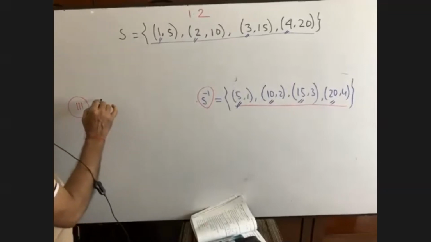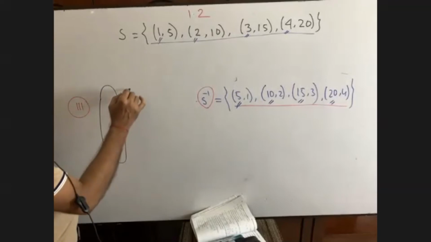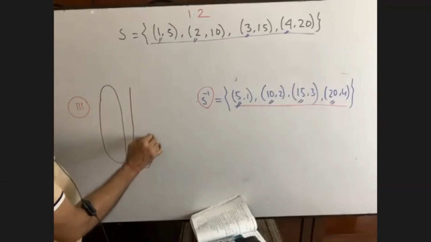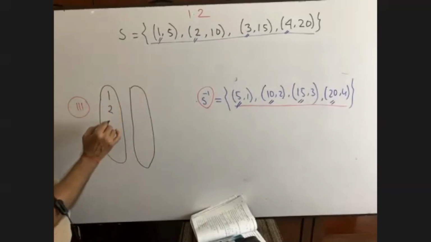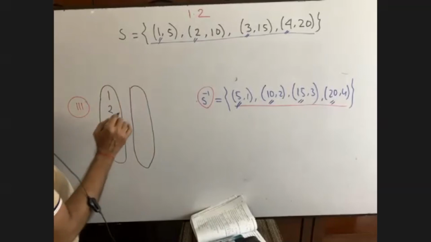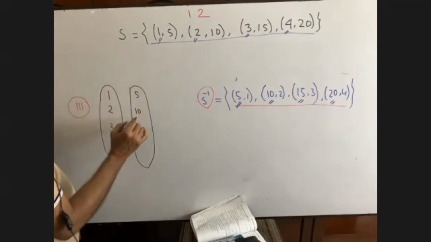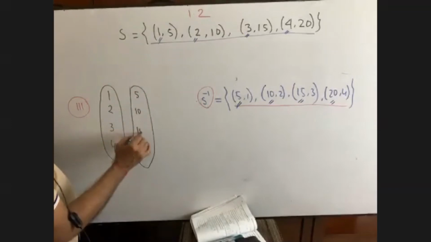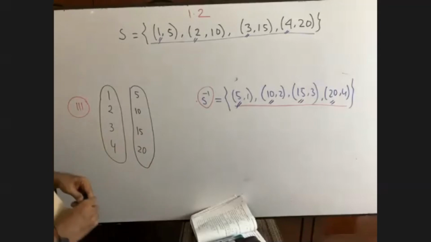You see, 1, 2, 3, 4. Then it is 5, 10, 15, 20.